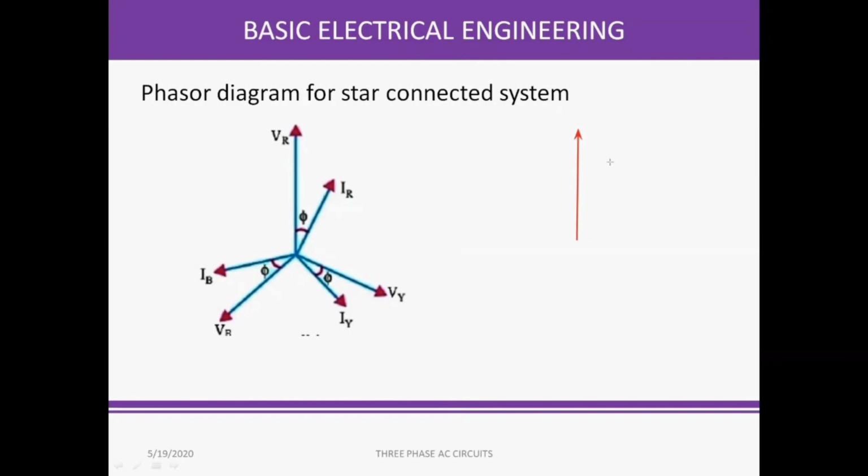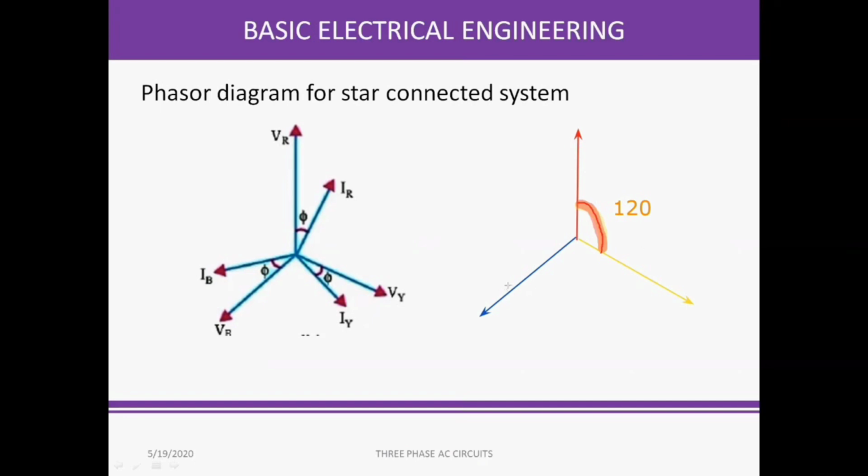The phase difference between two phases is normally 120 degrees. So another vector, VY, will be at 120 degrees from the first. Another vector will come 120 degrees lagging from the second vector. So you can see here, VR is this vertical line, VY is this, VB is this.